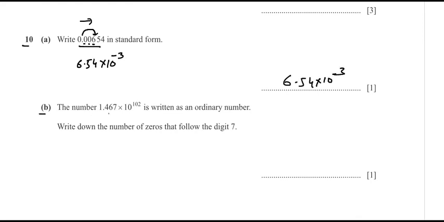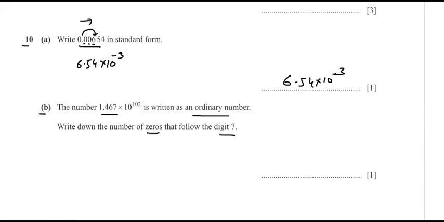And part B: the number is written as an ordinary number. Write down the number of zeros that follow the digit 7. You have to tell how many zeros will be after the digit 7.